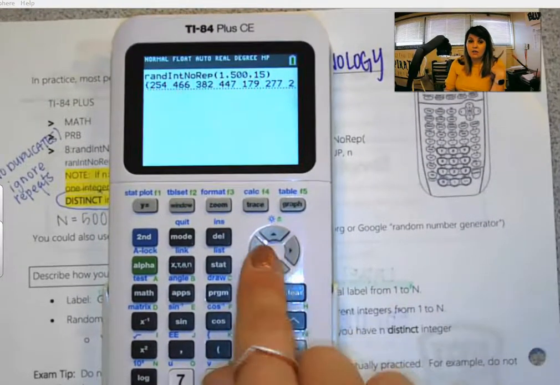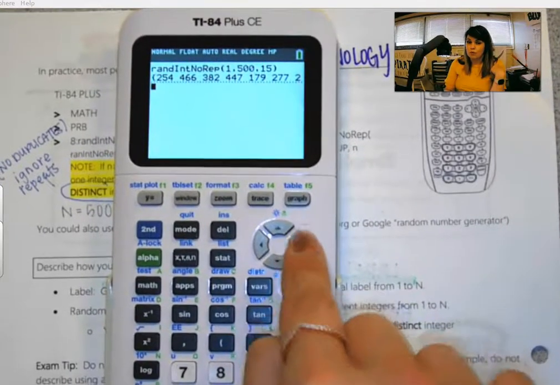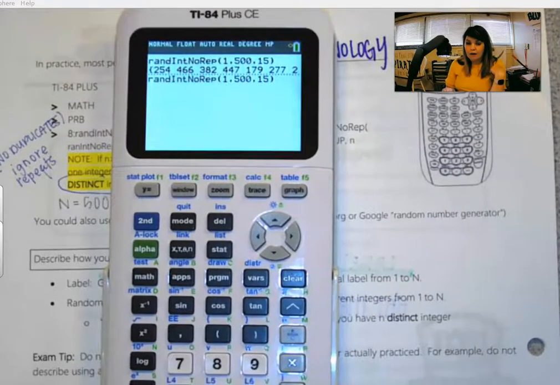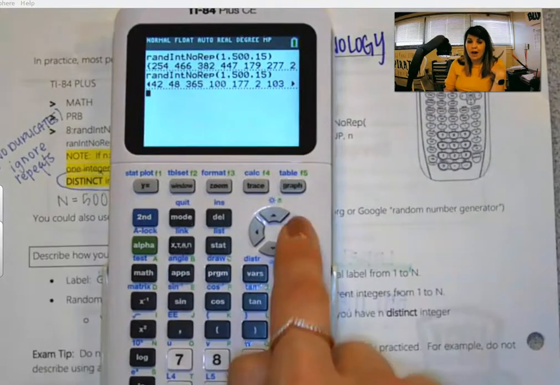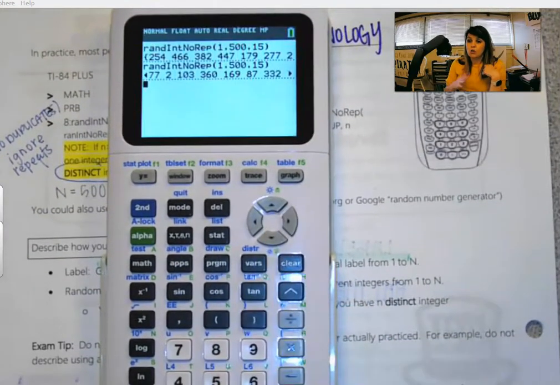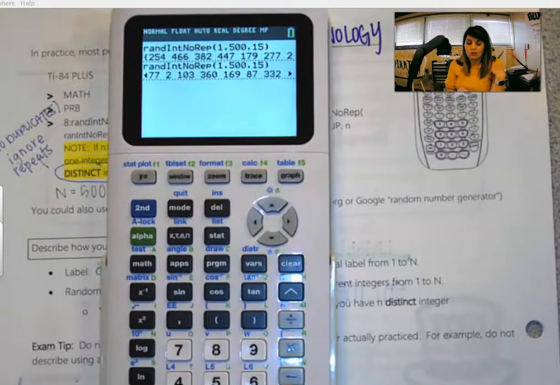If I arrow down and now try to see my numbers, it won't move. So when you're generating these numbers, right after you hit enter, you have to arrow over if you want to see all your numbers. If you don't arrow to the right after you generate the numbers, it locks you out and you can't see them. You would just run it again, but you need to know that they have that little quirk.